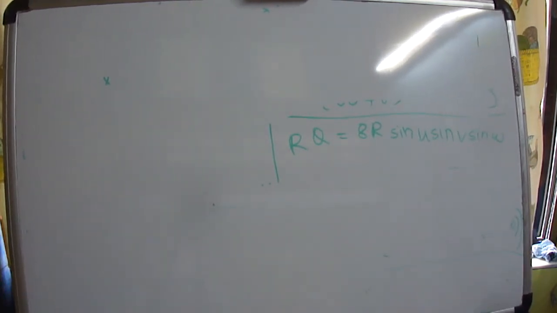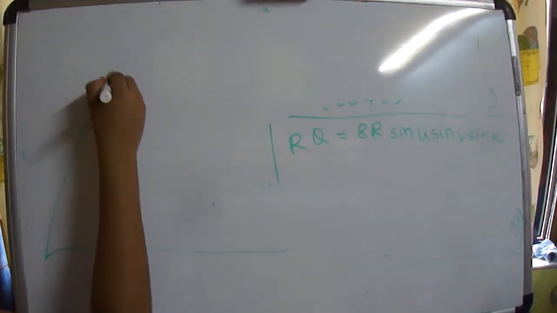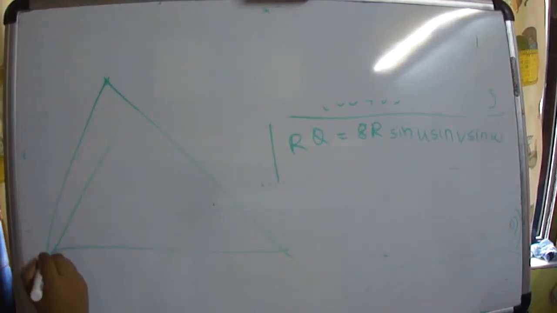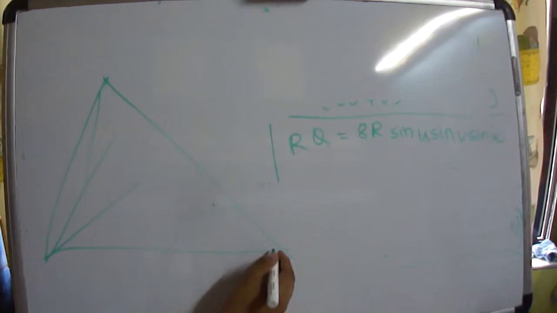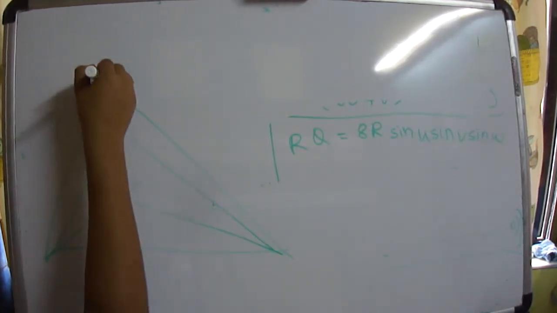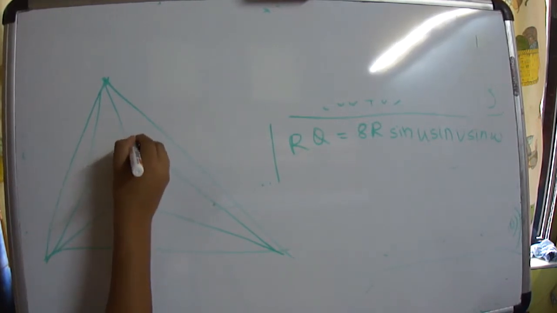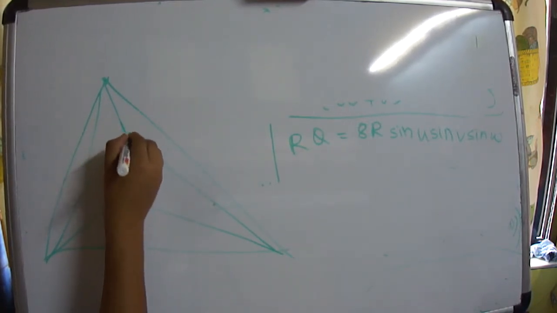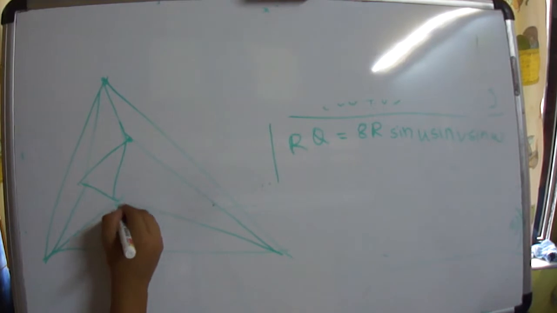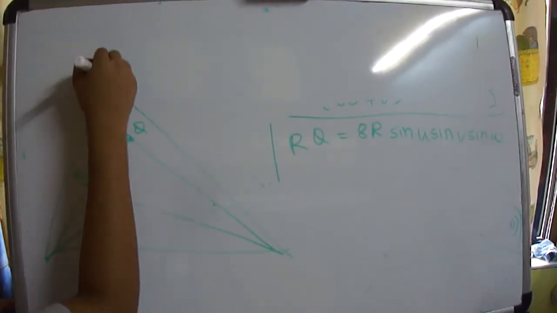Thus, in triangle ABC, if we draw angle trisectors, this is PQR, this is ABC.